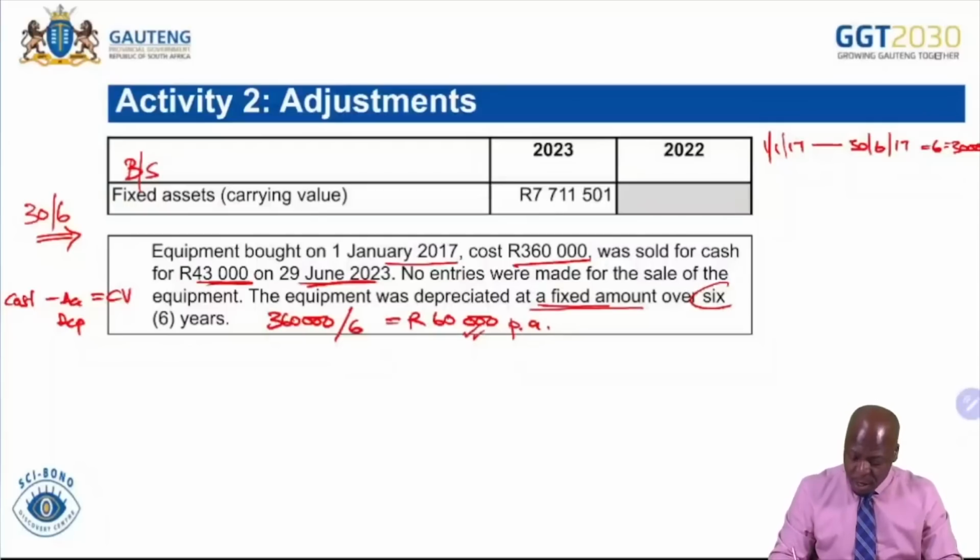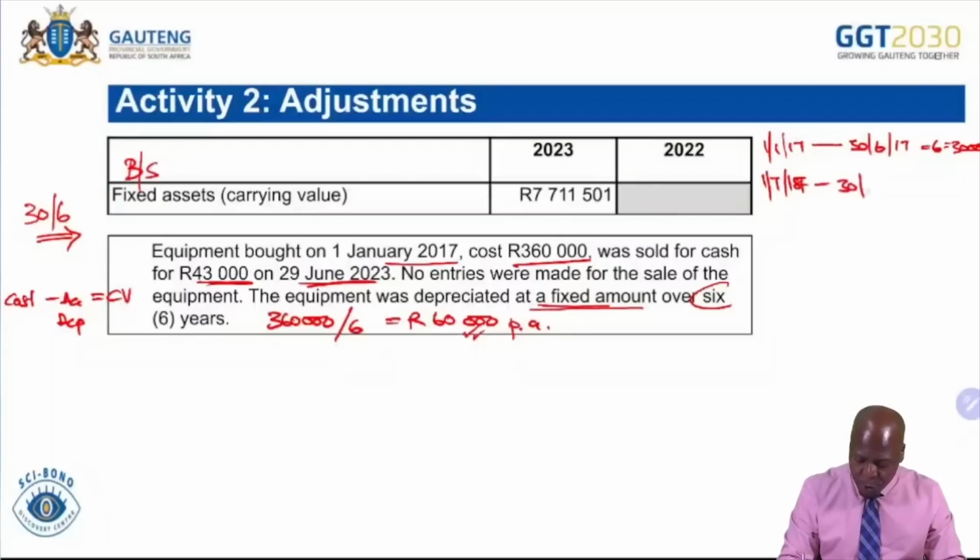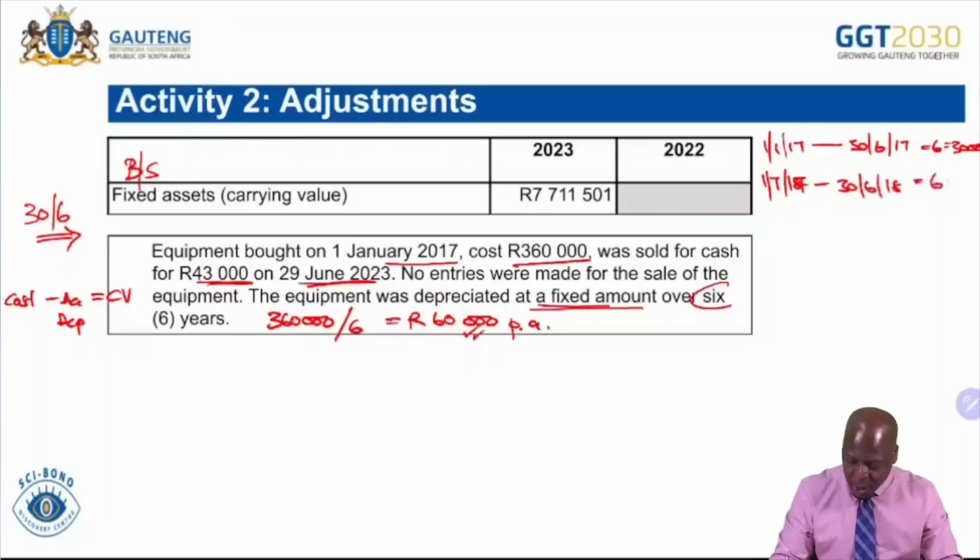Can I go on? The following year, which began on the 1st of July 2017 until the 30th of June 2018, this is a full year now. So it's no longer losing 30,000, it's losing the entire 60,000.